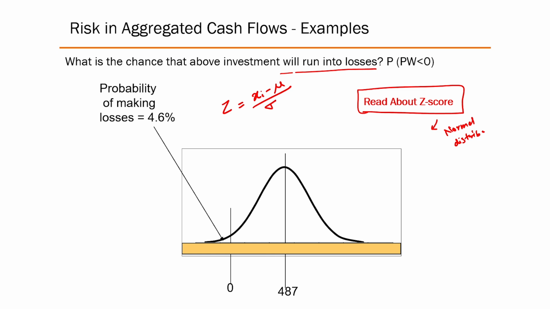So for example, what will happen to the mean value? The Z-score of the mean will be 0, and the Z-score of any random value, let's say 587, will be what? 100 upon this sigma value. And similarly, if xi is 387, then your Z-score will be minus 100 upon that sigma value, right? This is how you calculate the Z statistics. It's actually called Z statistics.